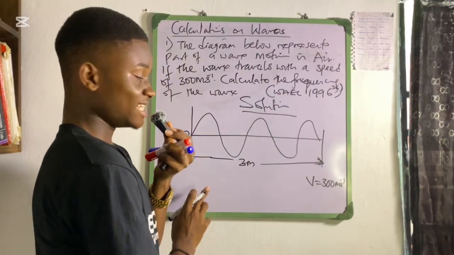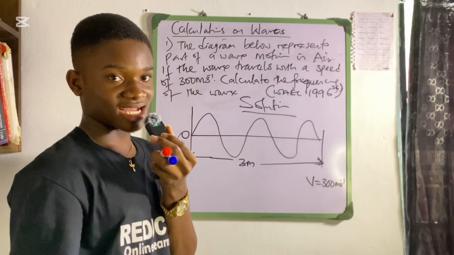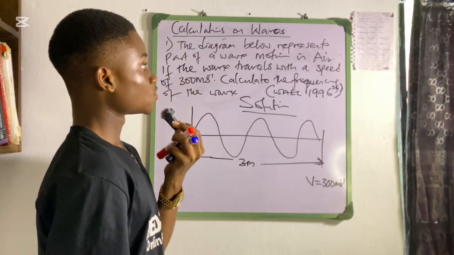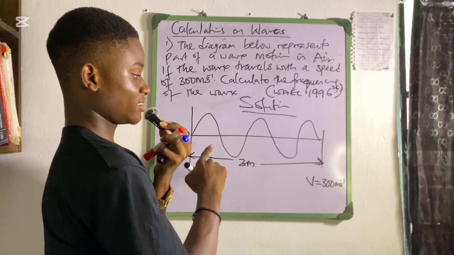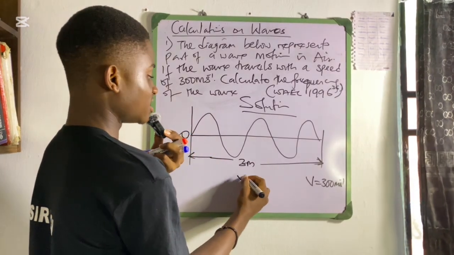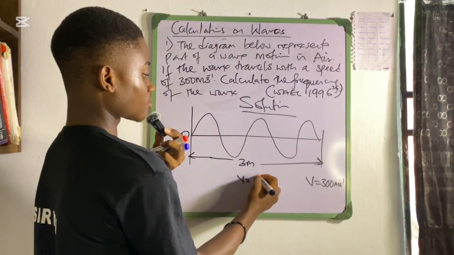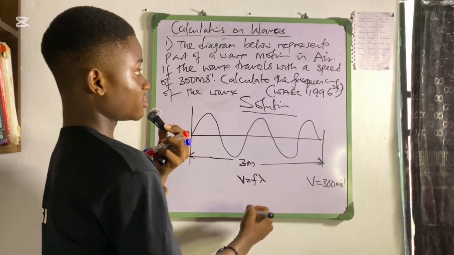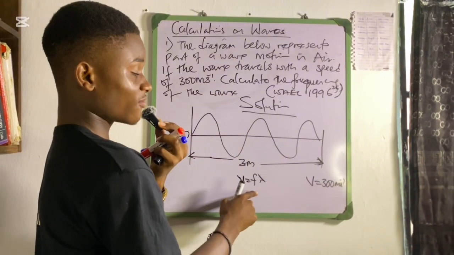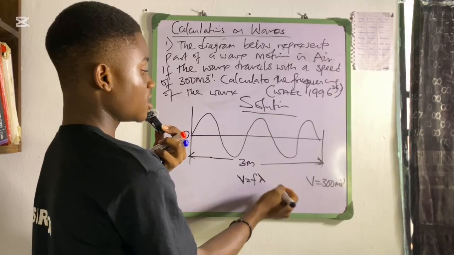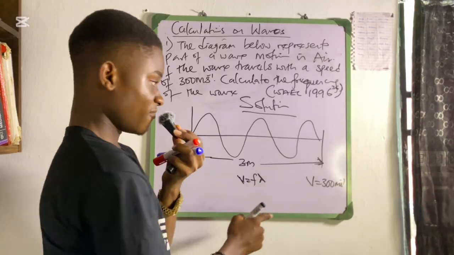Now the length from this place to this place is 3 meters, and we need to find the wavelength, because V is equal to F lambda and we are looking for the frequency. Let's see if we can get the wavelength.